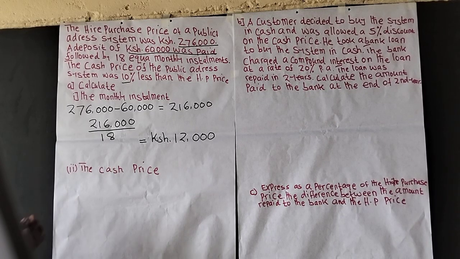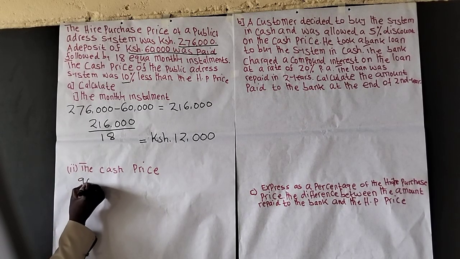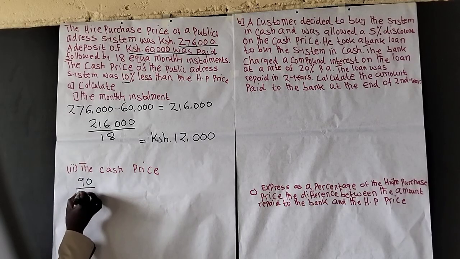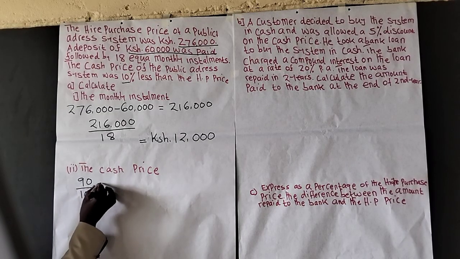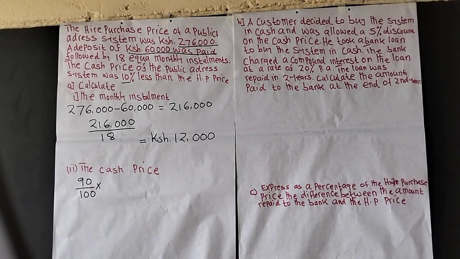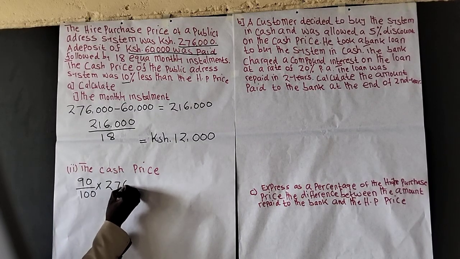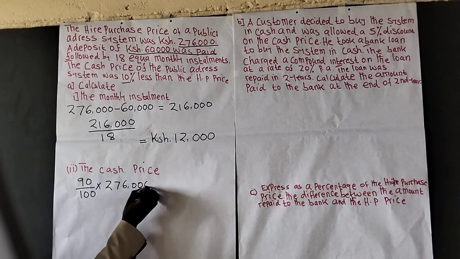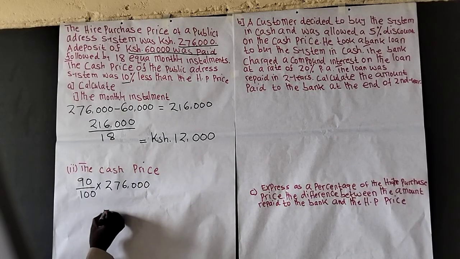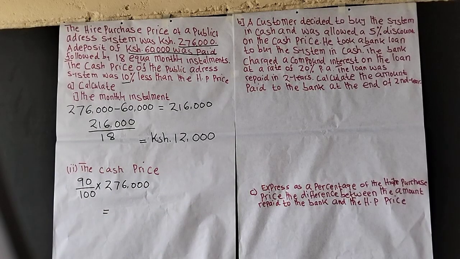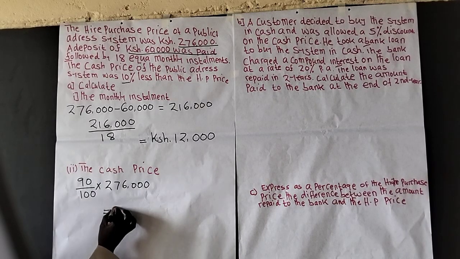So the cash price now will be 90 over 100 times the hire purchase price, which is 276,000. And that will give the cash price as 248,400.